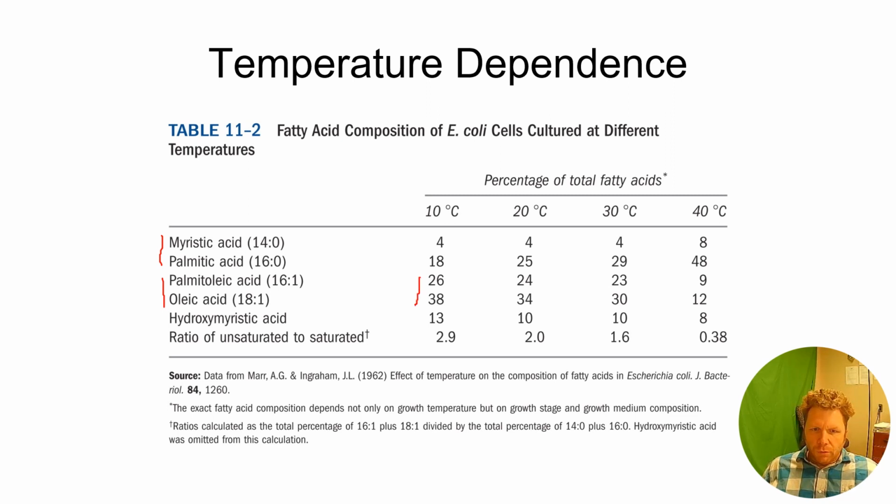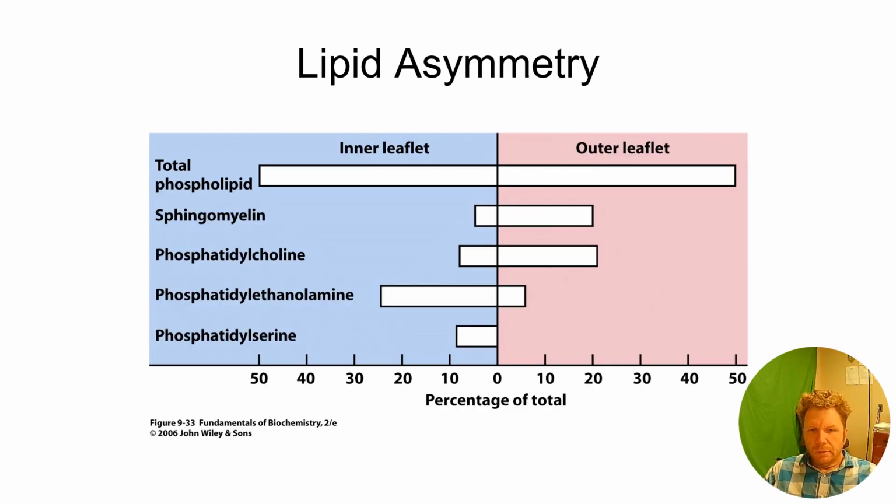At a low temperature, we have a high percentage of monounsaturated fatty acids. At a high temperature, by contrast, we have a high percentage of saturated fatty acids and a low percentage of unsaturated fatty acids. So going from 10 to 40 degrees Celsius, we see a drop off in the number of unsaturated fatty acids, where we see an increase in the percentage of saturated fatty acids.